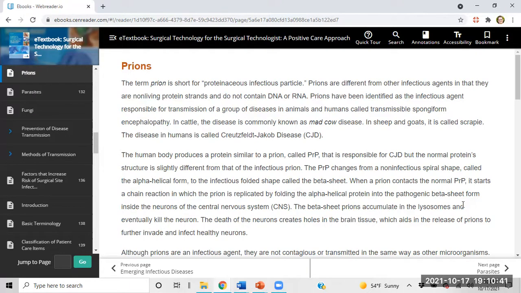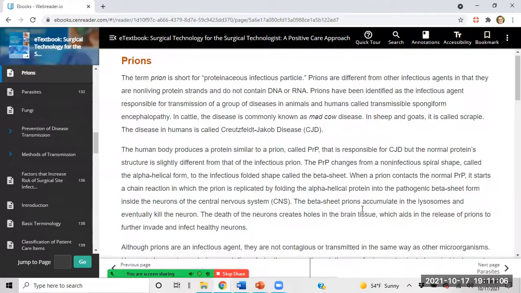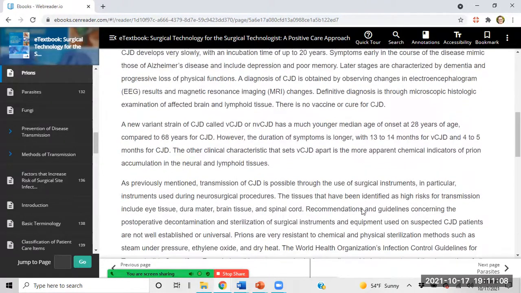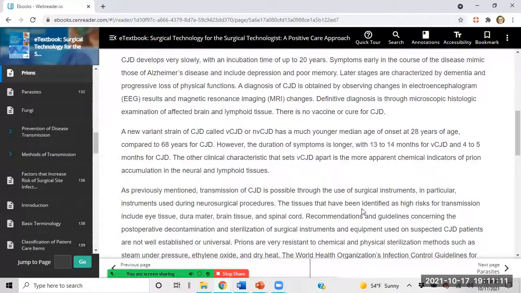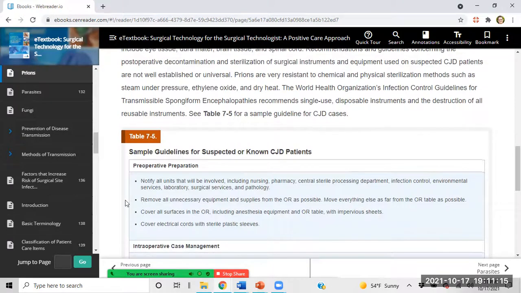The human body produces a protein similar to a prion, but it is different from an infectious prion, and those changes turn it into an infectious folded shape. It happens very slowly, and the incubation can be up to 20 years.